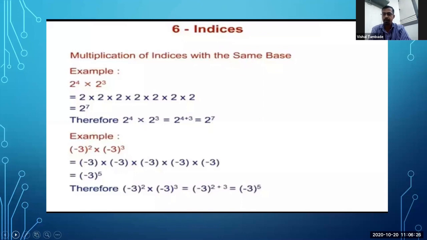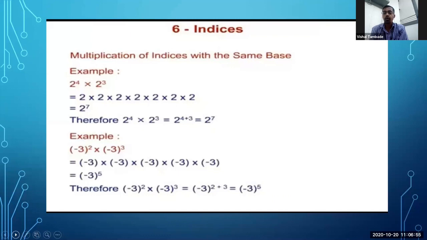Look at another example: minus 3 raised to the power 2 multiplied by minus 3 raised to the power 3. Here the operation is multiplication, so we have to add the indices. The first index is 2 and the second index is 3, so add 2 plus 3, which is 5.